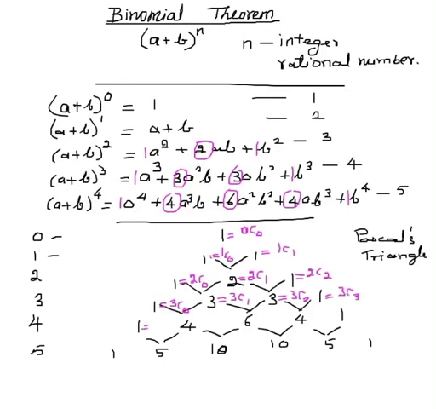And for the index 4, the coefficients are 4C0, 4C1, 4C2, 4C3 and 4C4, etc. We know the formula of nCr. nCr is equal to n factorial divided by r factorial times (n minus r) factorial.